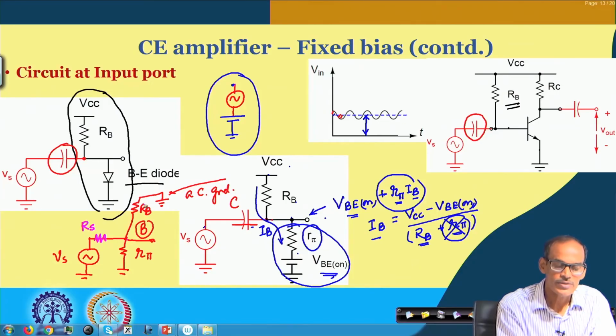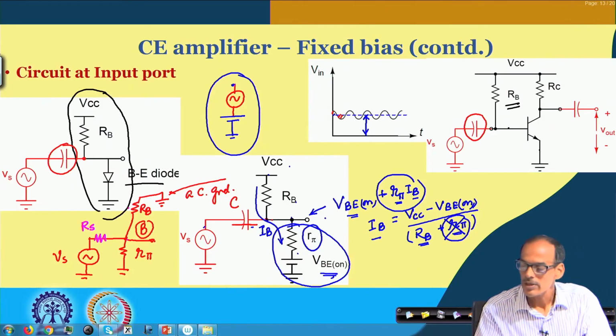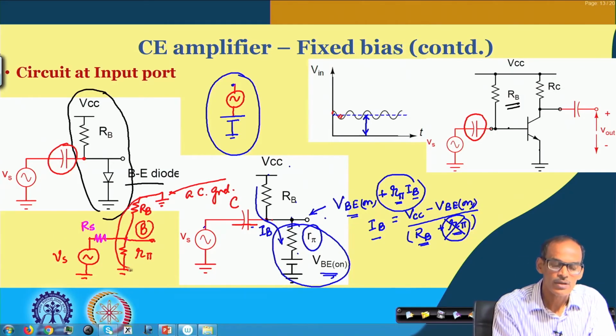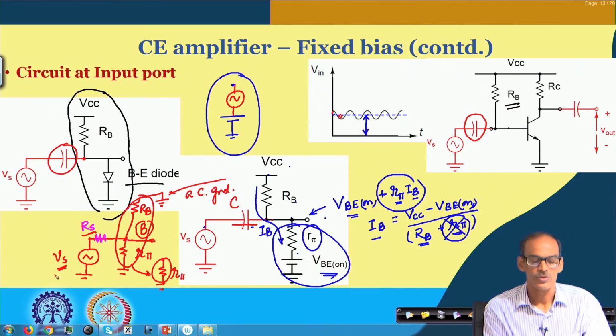So these two resistances we can map into an equivalent input resistance, and practically it is R pi only. This R pi and then Rs define the voltage coming here from the signal source.